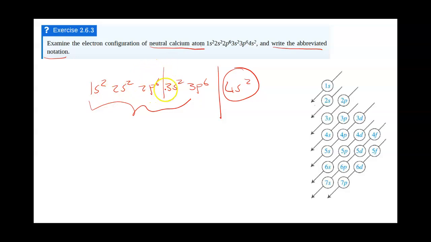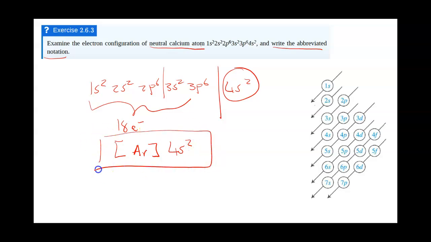So we've got 10, and then another 6, 18 electrons. And the noble gas that has 18 electrons is argon. We can find that on the periodic table. And so our abbreviated electron configuration will be argon 4s2.